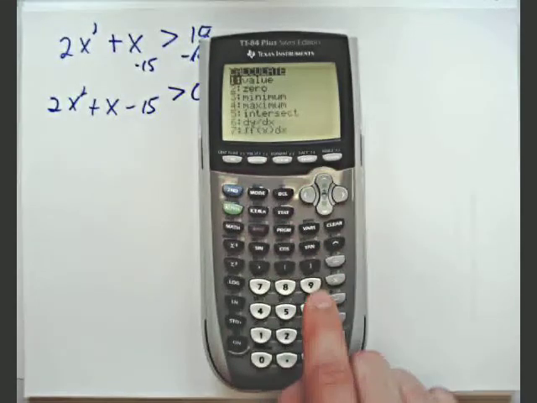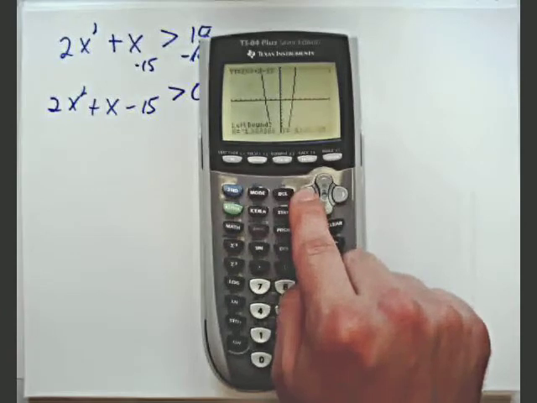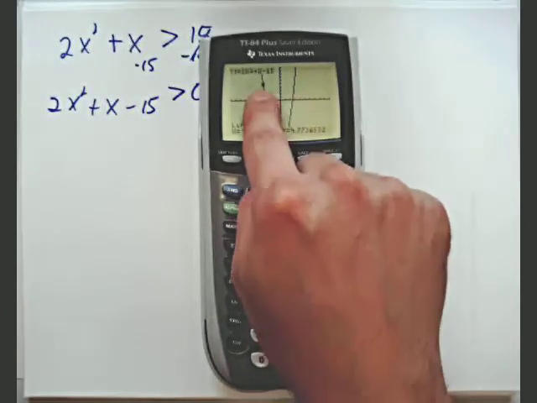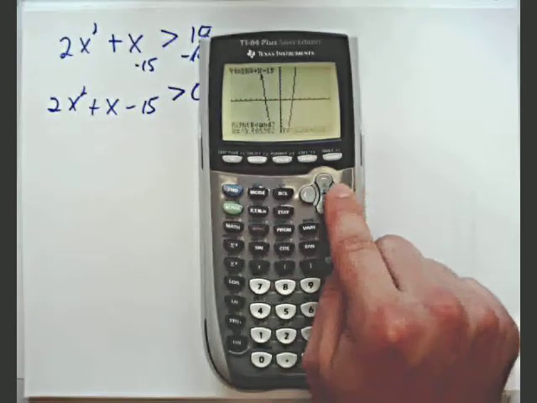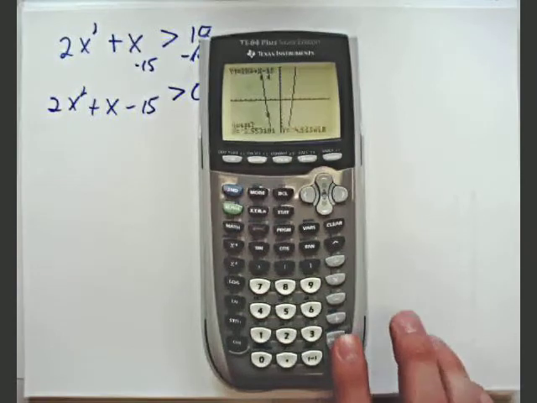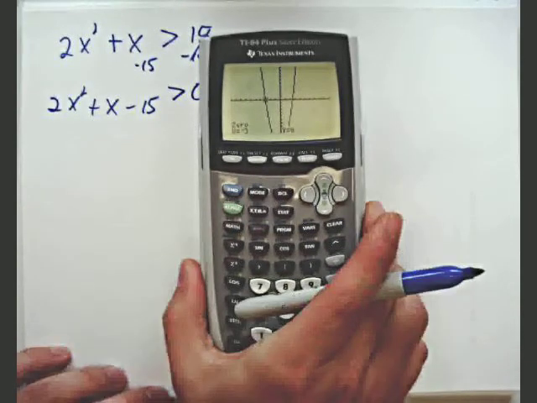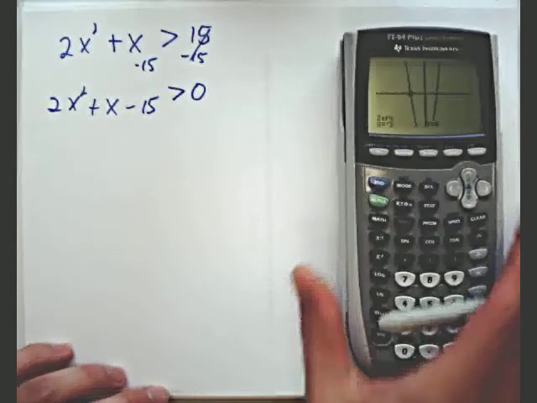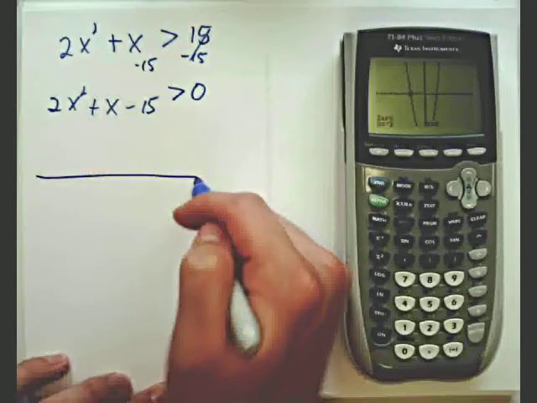So second, calculate 0. Left bound would be right here, somewhere over there. Enter. Right bound, anywhere down here. And at the guess screen, go ahead and press enter. And it tells us that x equals -3. So we've got -3 as one of our x-intercepts. And I'm going to go ahead and place that on a number line.